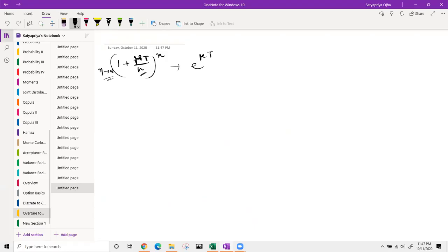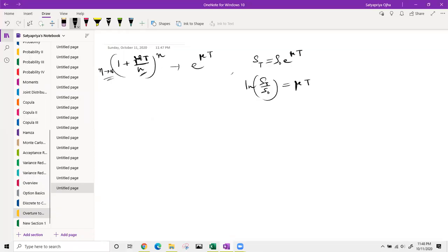So as per this, your stock price indeed ends up here. But if you take log of stock price St by S0, it is also giving you mu t. Yeah, correct.